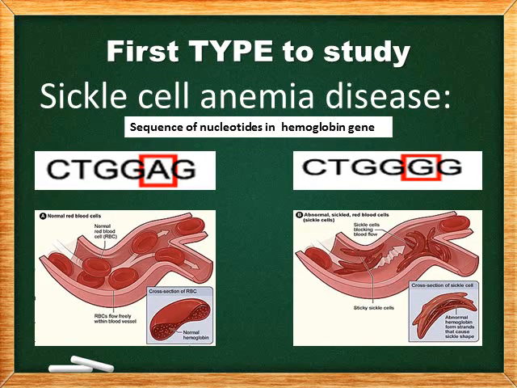Now we have to talk about the first type of gene mutation. Let's take into consideration the first type to study. Our example for this type is sickle cell anemia. Already you know now, sickle cell anemia is a disease and it's because of an abnormal synthesis of hemoglobin.